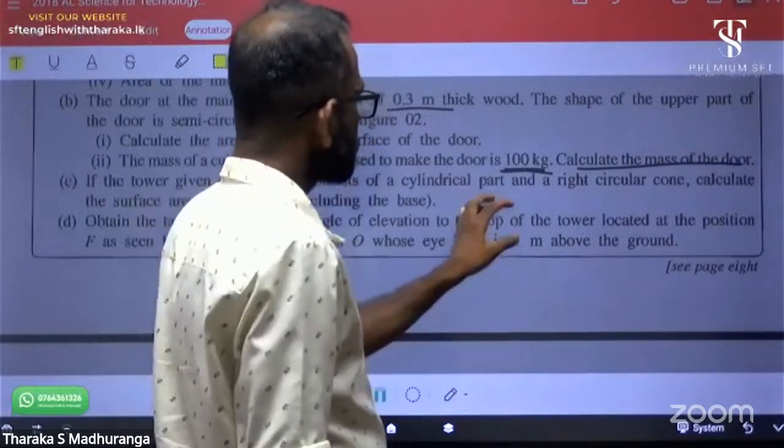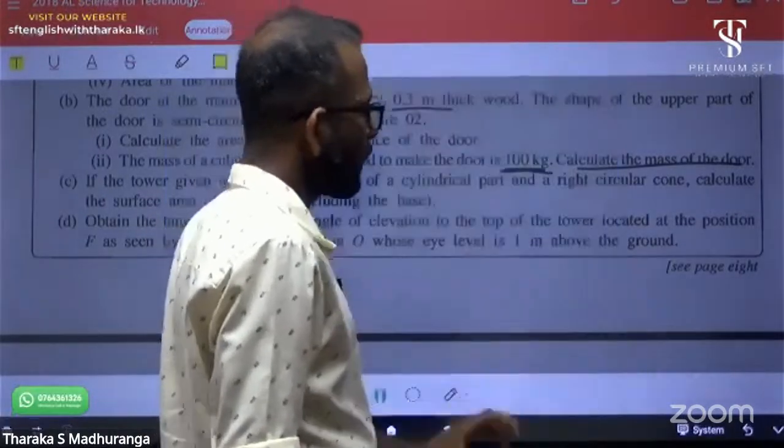Then you can draw a diagram and easily get this answer.